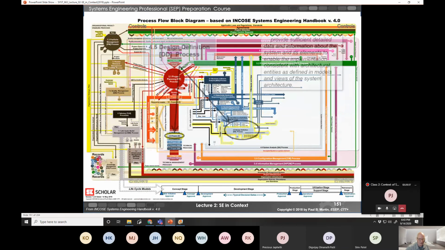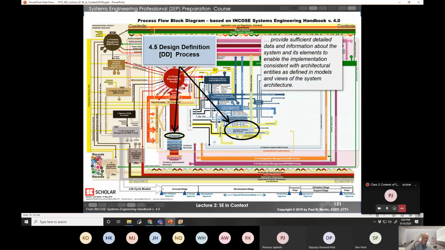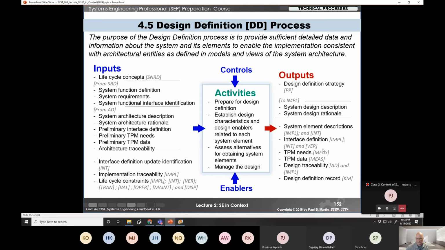After that, you do your design definition. Now you have your architecture. You have enough detail to now figure out what it takes to implement those elements. Well, some of those elements are fairly complicated. And guess what? You wind up figuring out alternative elements that would actually meet those requirements. And you would maybe have to do a trade study in that regard. But you want to get to the point where you actually come out with the implementation that's consistent with whatever the architecture is, as well as the model and views of the system in accordance to the architecture.